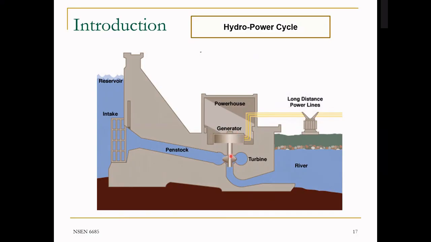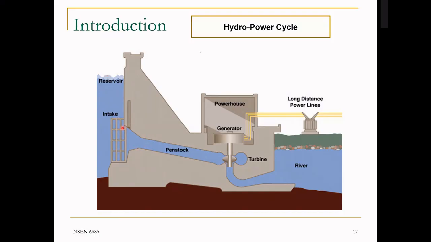The way we drive this in the steam power cycle is by high energetic steam coming out of the steam generator. In the gas power cycle, we drive that shaft by the high energetic gas coming from the combustor. Now, we can also drive that shaft by potential energy. If we have a dam or water storage here, then we can build up water in the back, which means that we are storing potential energy.